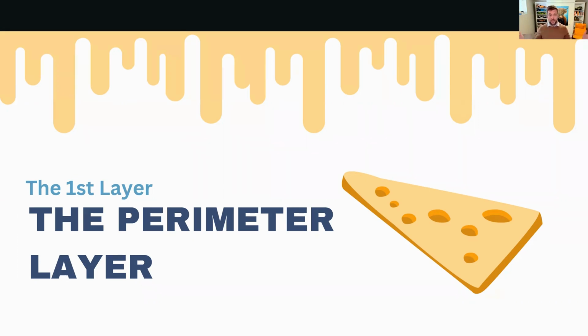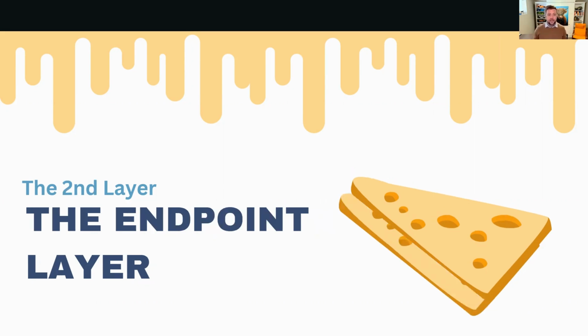So the perimeter is that first layer of defense. We're wrapping the business around and trying to make sure that anything coming in and out is beneficial to the organization. The second layer we're going to talk about is the endpoint.